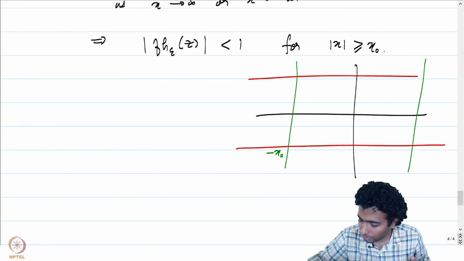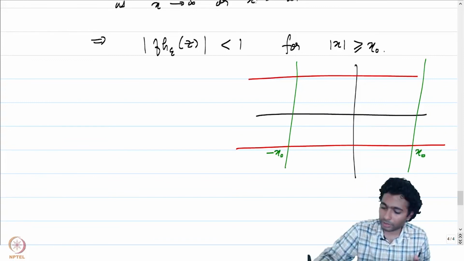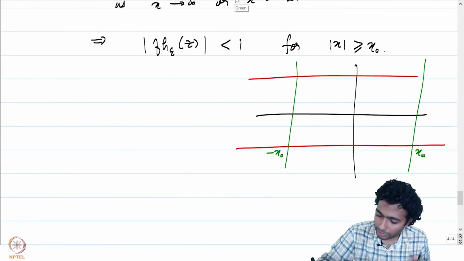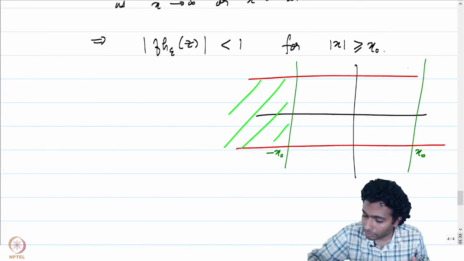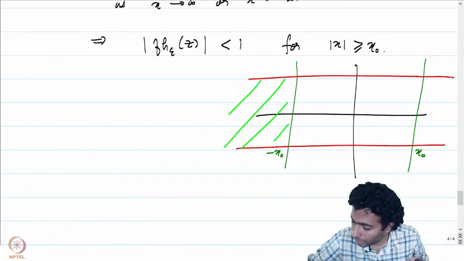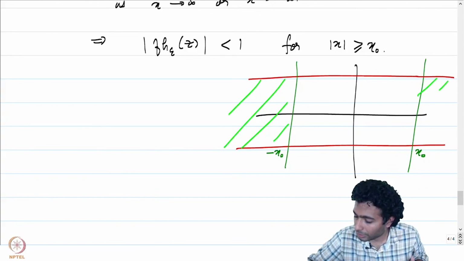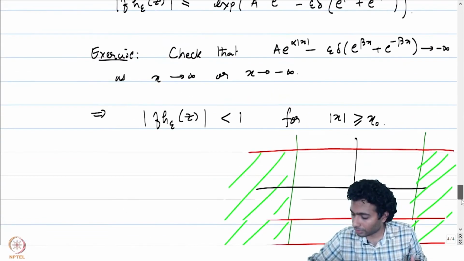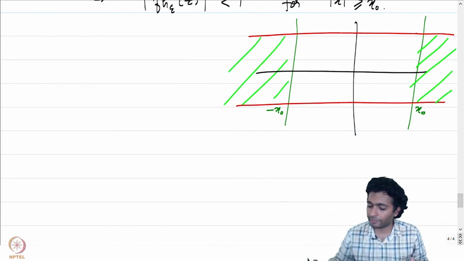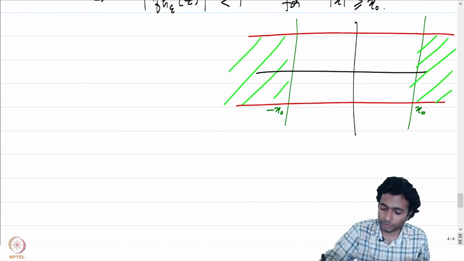So this is minus x naught, this is x naught. So in the region which I am now shading by light green, to the right, we have just established that our function h epsilon times f has absolute value less than or equal to 1.